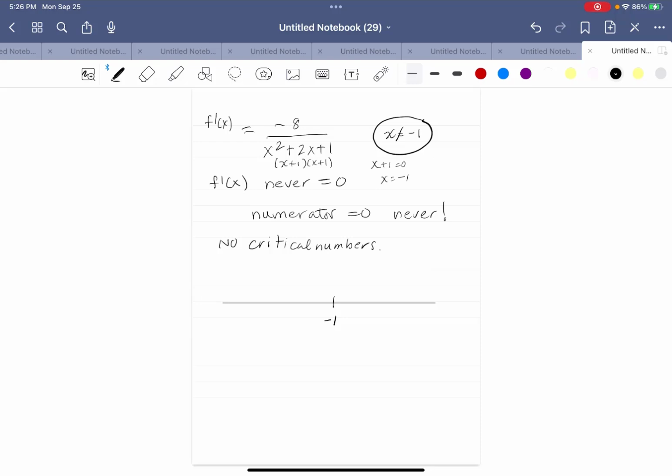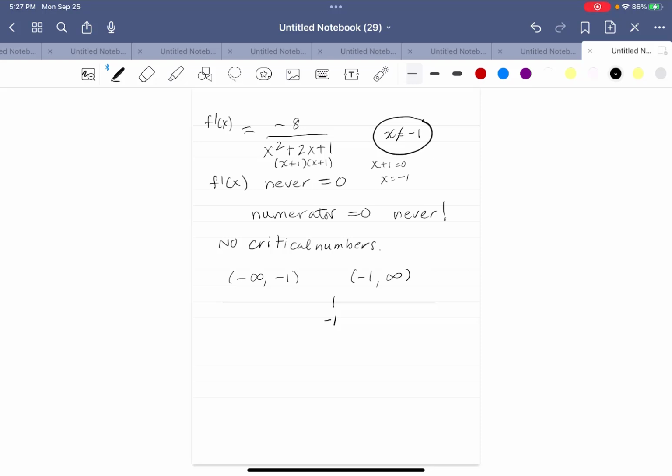And although -1 is not a critical number, it does divide our number line into two regions because the function doesn't even exist at -1. We need to test to see what's happening on the left of -1 and to the right of -1.